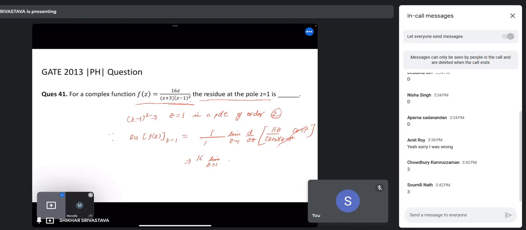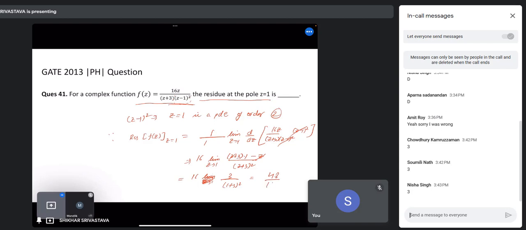So it will become 16 times limit z to 1, z cancels. It will become 3 upon (1 plus 3) whole square, times 16. So 48 upon 16, which is 3. So this is a numerical type of question. The residue of the function at this pole is nothing but 3. It was a fairly simple question. If you just remember this formula, then you could have found it.